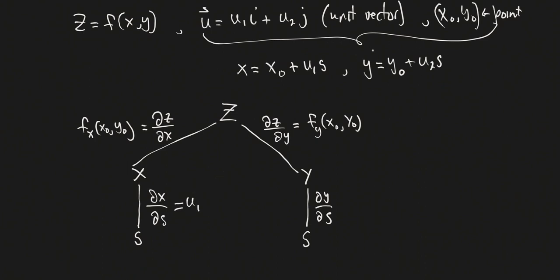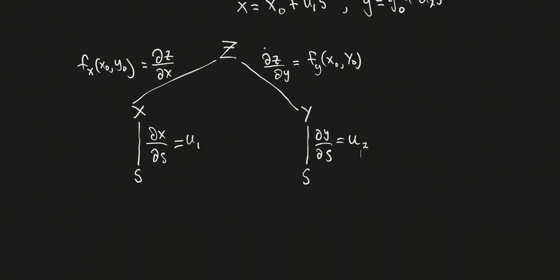And then similarly, when I differentiate this y equation with respect to s, the y0 goes away, and I'm left with the constant that's multiplying my s term right here. So I have u2. Now, if I want to find the instantaneous rate of change, so I want to differentiate my surface and find the instantaneous rate of change at this point in this direction, which is my directional derivative, the chain rule gives me a nice way to do that.